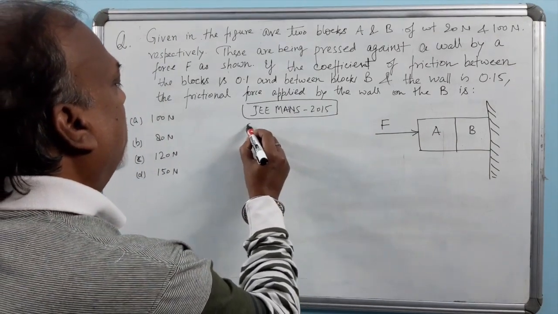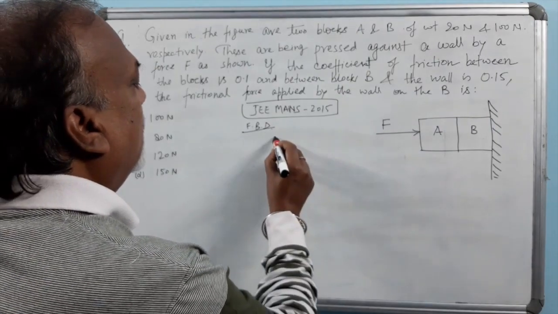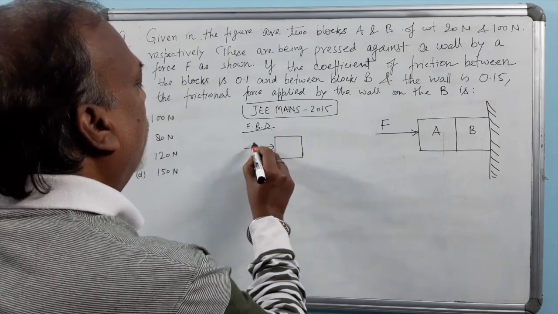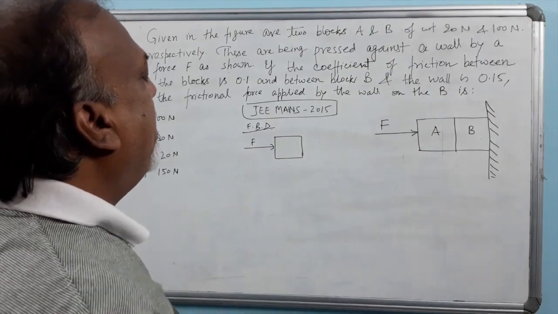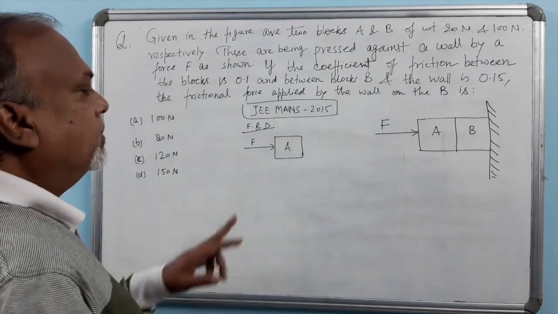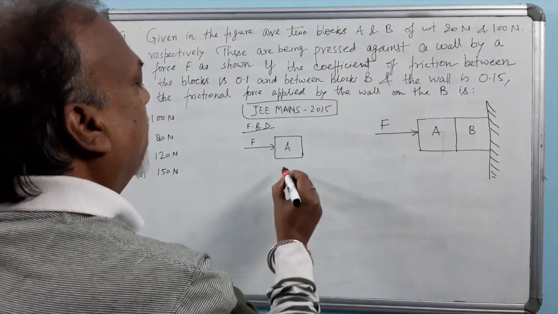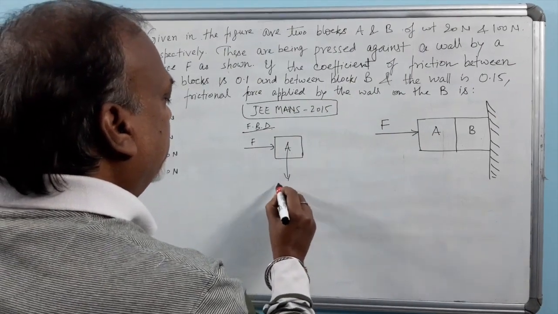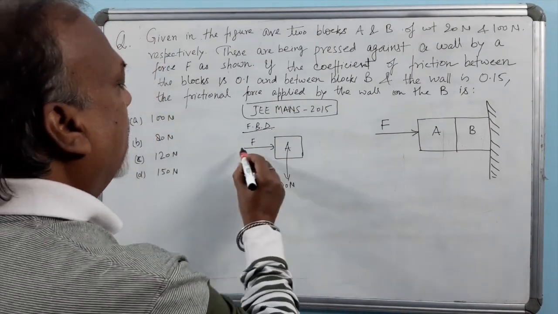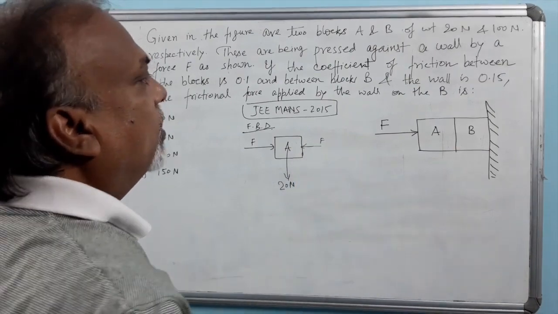Free body diagram. This is block A. Force F is acting like this. It has got 20 Newton weight. Force F is like this, the same force will act here also.